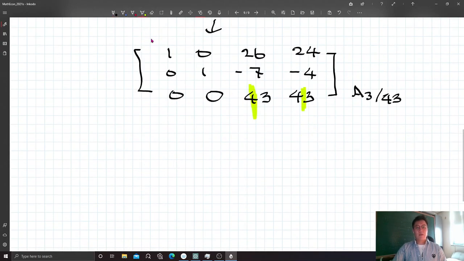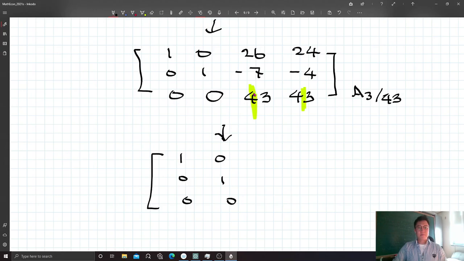Okay, and then finally, using this pivot, number 1 in the third row, I can eliminate 26 and negative 7 in the third column. Then we get the reduced row echelon form. So once again, after dividing by 43, we multiply by 7 and add it to the second row to kill this negative 7.